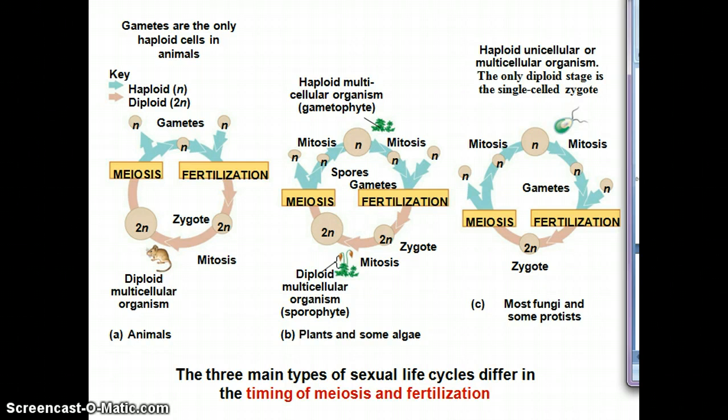Then that zygote undergoes meiosis to produce a haploid cell, and those haploid cells divide by mitosis to form either a unicellular daughter cell or a haploid multicellular adult organism. The haploid adult will produce gametes again by mitosis. So again, the only diploid stage in these species is that single-celled zygote.